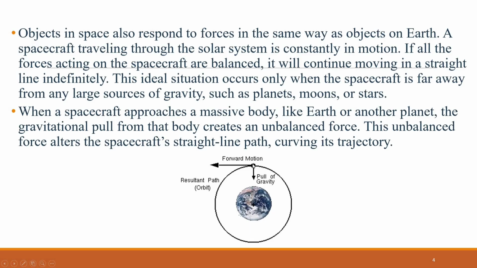When a spacecraft approaches a massive body, like Earth or another planet, the gravitational pull from that body creates an unbalanced force. This unbalanced force alters the spacecraft's straight-line path, curving its trajectory. A familiar example of this occurs when a satellite is launched into orbit. If the rocket propels the satellite fast enough along a path parallel to Earth's surface, the satellite enters a curved orbit.